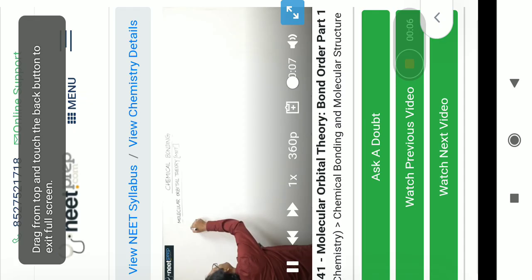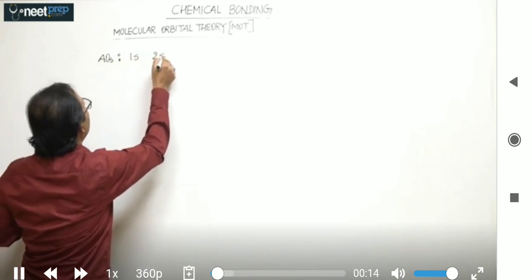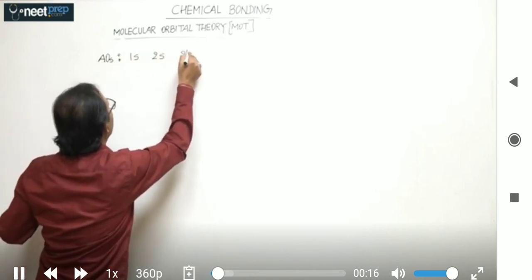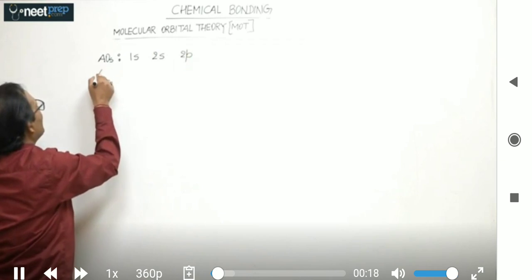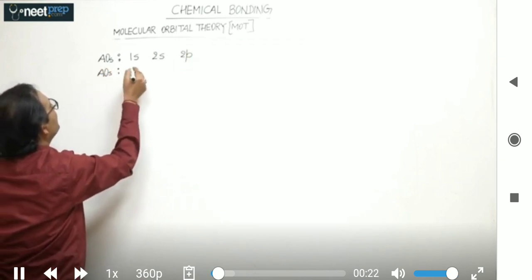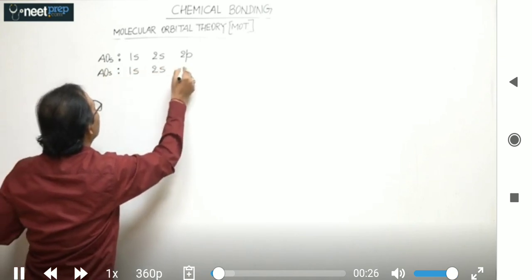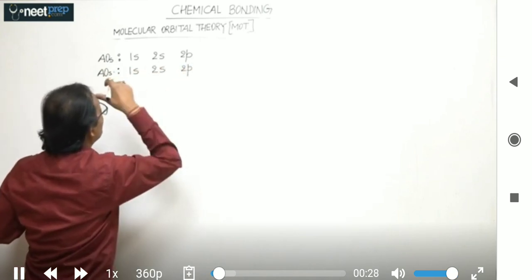Suppose these are atomic orbitals 1s, 2s, 2p, and another same set of atomic orbitals 1s, 2s, 2p.